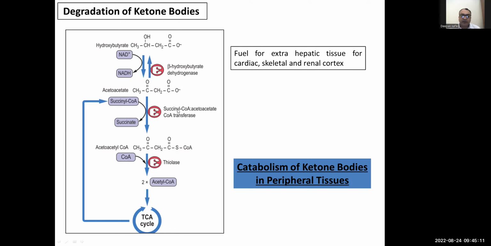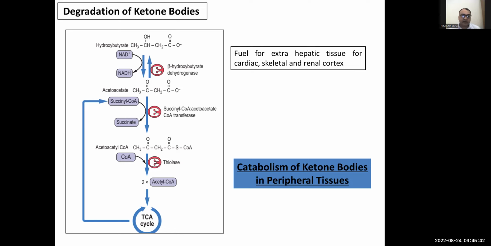This enzyme, sometimes called thiophorase, converts succinyl-CoA to succinate, and finally coenzyme A will be transferred to acetoacetate, forming acetoacetyl-CoA. Later on, acetoacetyl-CoA will be acted on by thiolase, giving rise to two moles of acetyl-CoA. Now this acetyl-CoA will enter the Krebs cycle in the extrahepatic tissues for the generation of ATP molecules.